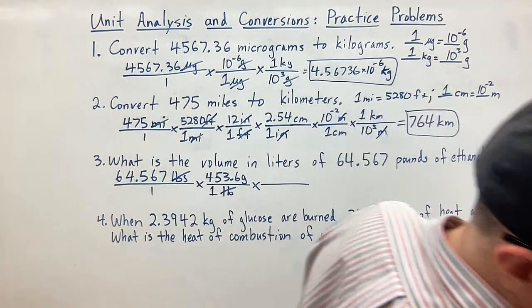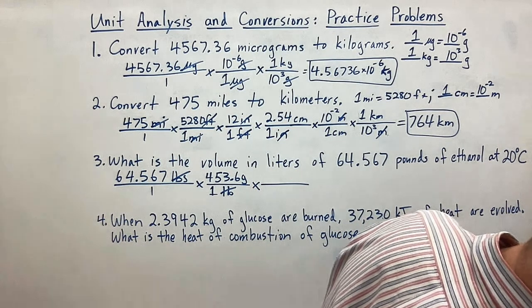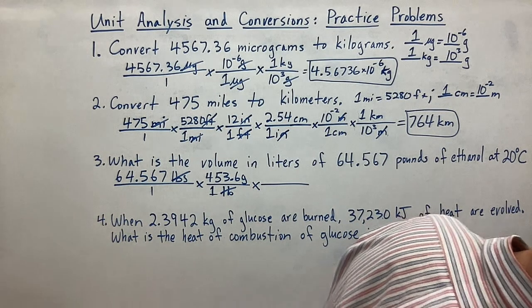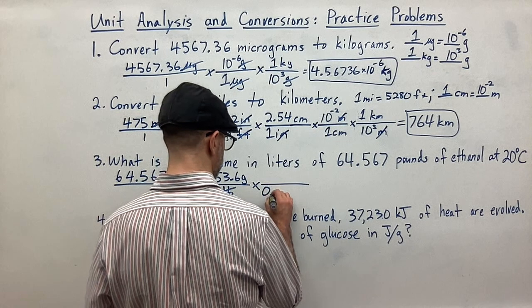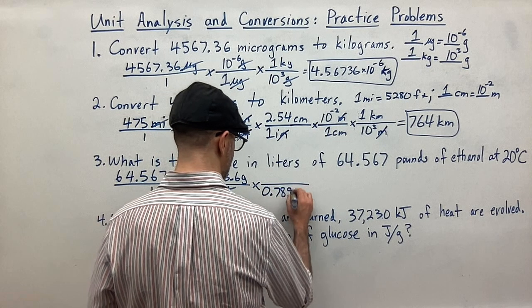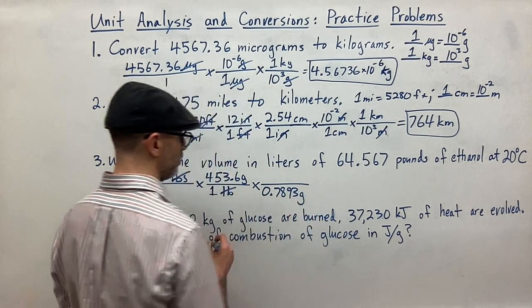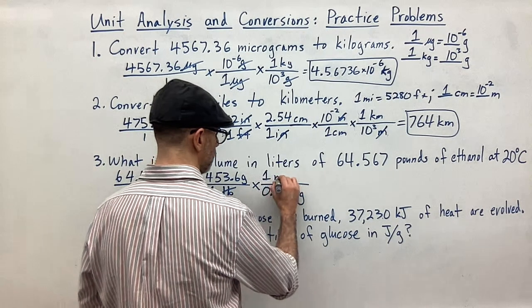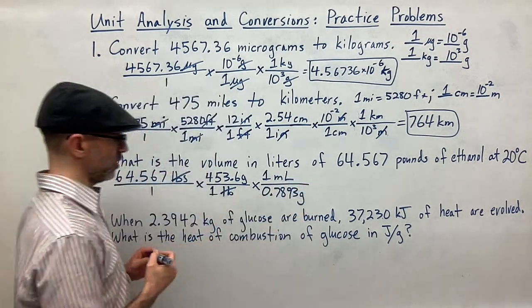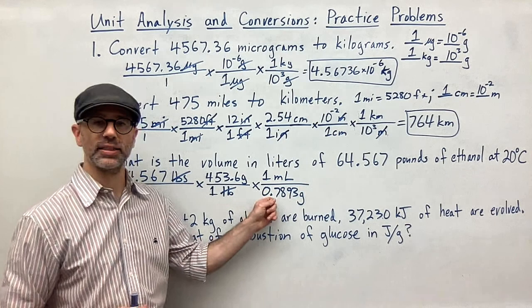So if we look it up, that would be 0.7893 grams of the ethanol is going to be equal to 1 milliliter of the ethanol. So I'm using the density.